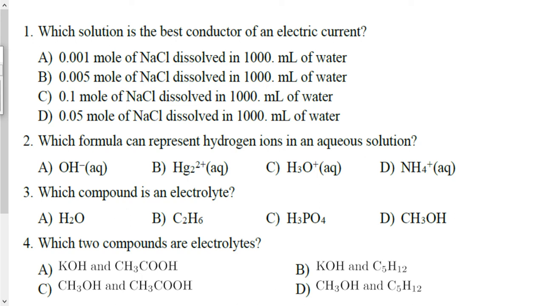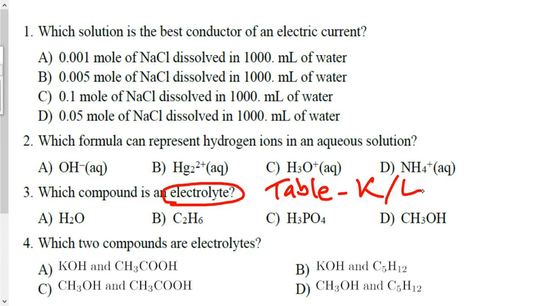For question number 3, which compound is an electrolyte? When you're answering those questions, I would highly recommend you use reference tables K and L because we need to know that ionic substances, acids, and bases are electrolytes. If you look at table K, we have common acids. If we look at table L, we have common bases.